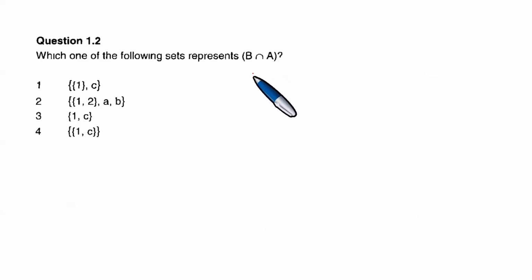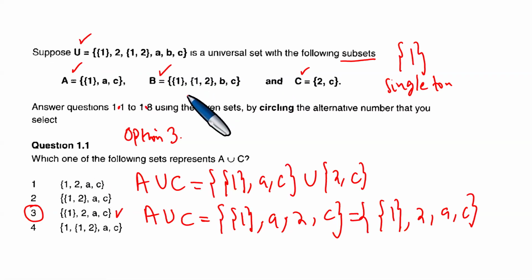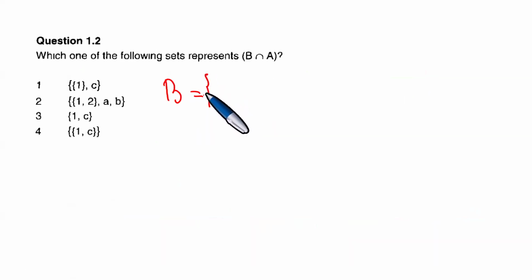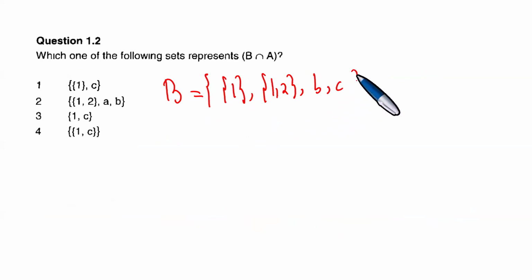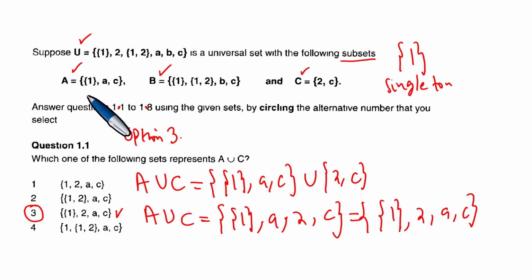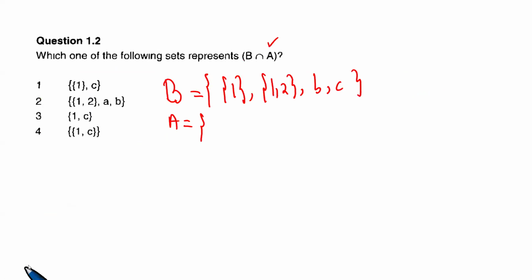To do this question, we need to remember that the set B, given in the previous question, contains the elements 1, 2, B, and C. Therefore we list those elements: the singleton 1, 1, 2, and B together with C. But also we recall what the set A was given as: the singleton set 1, with A and C as elements, so 1, A and C are elements of A.